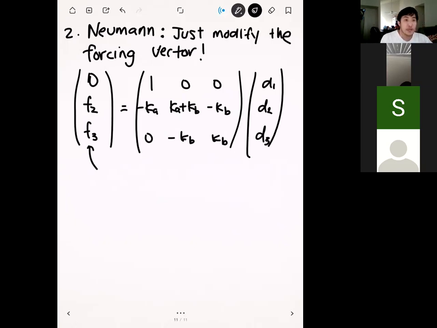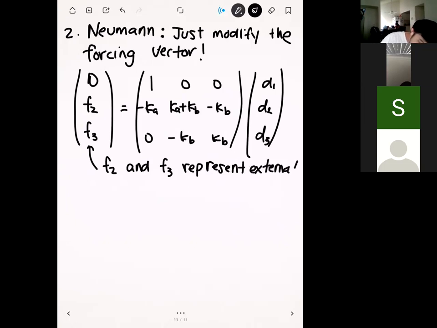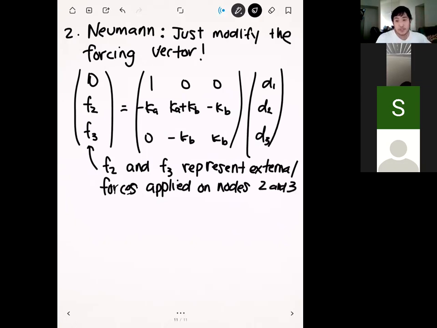So F2 and F3, these represent the forces that are applied on those nodes. Okay. So F2 is the external force that's applied on node 2, and then F3 is the external force that's applied on node 3.